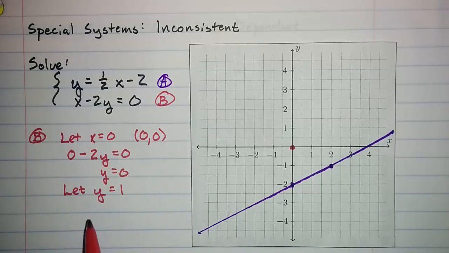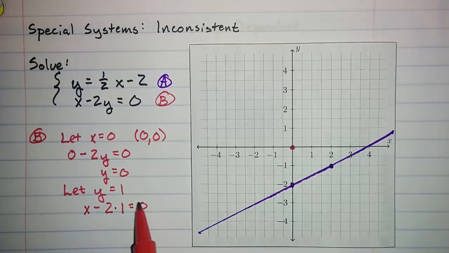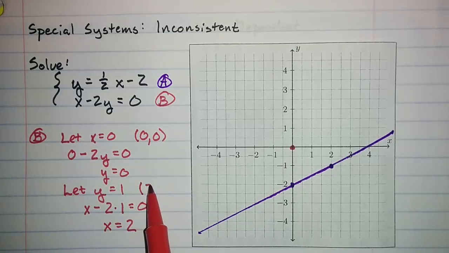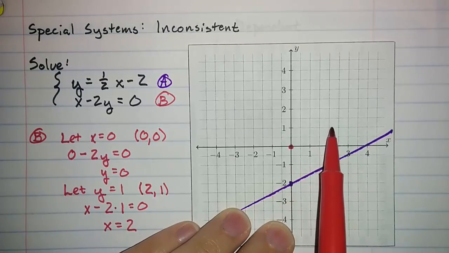Let's see, what will we get? x minus 2 times 1 equals 0. x minus 2 equals 0. Add 2 to both sides and we get x equals 2. So that tells us the point 2, 1 is on our line.